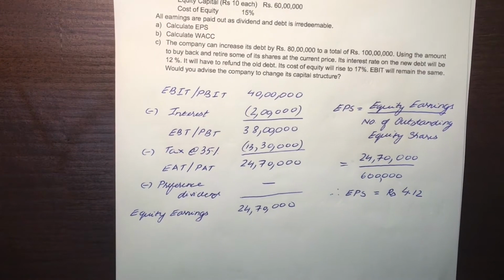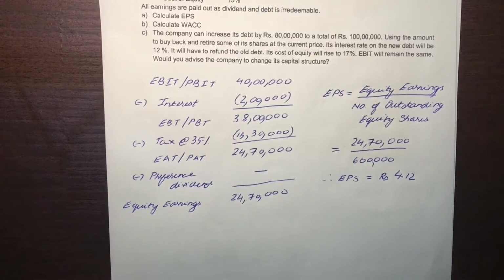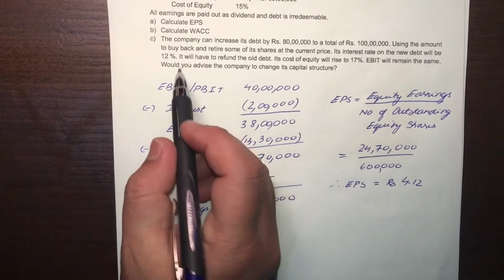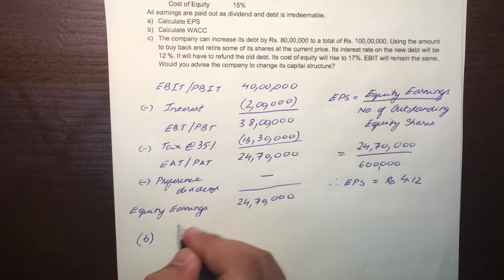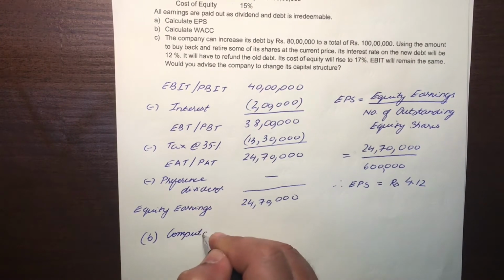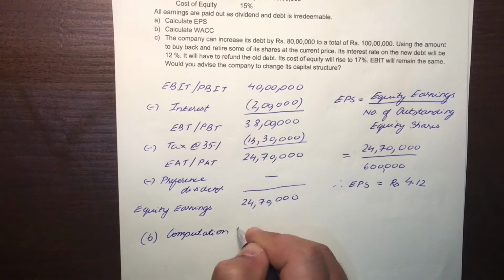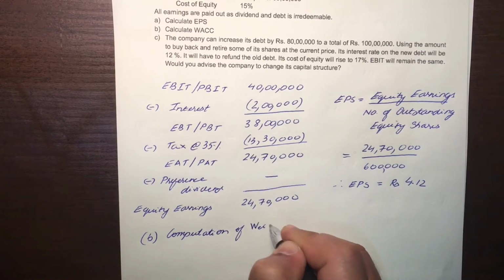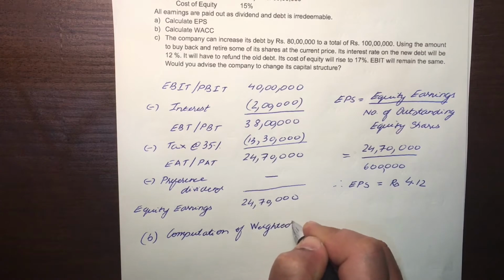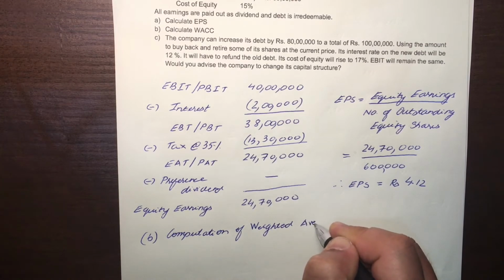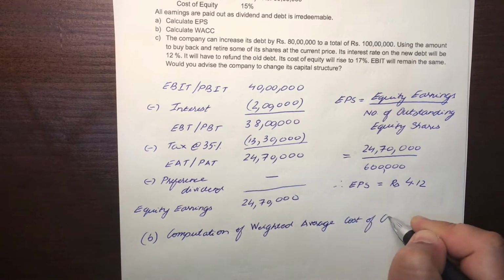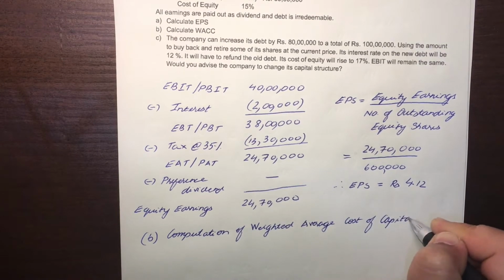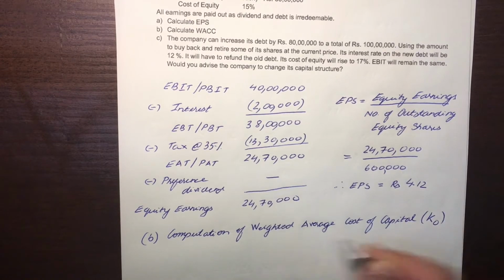Now let us compute the WACC. Number 2, WACC B. Okay, computation of weighted average cost of capital, K subscript O or WACC.